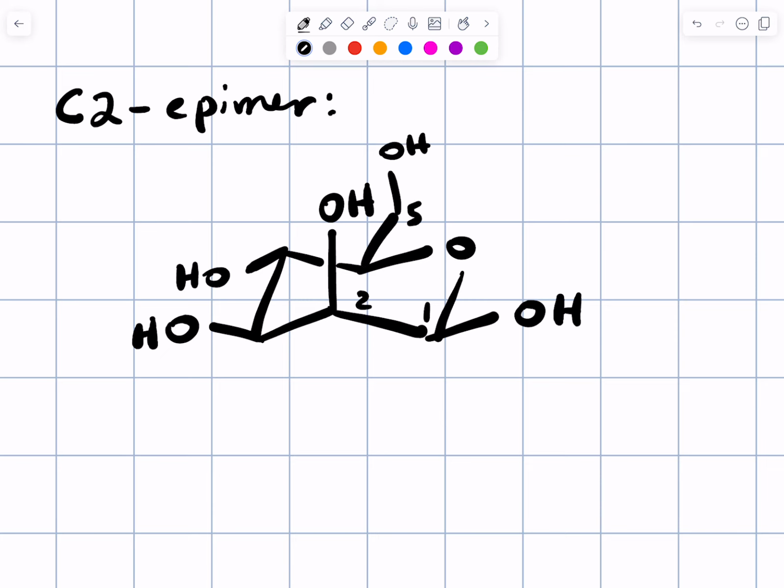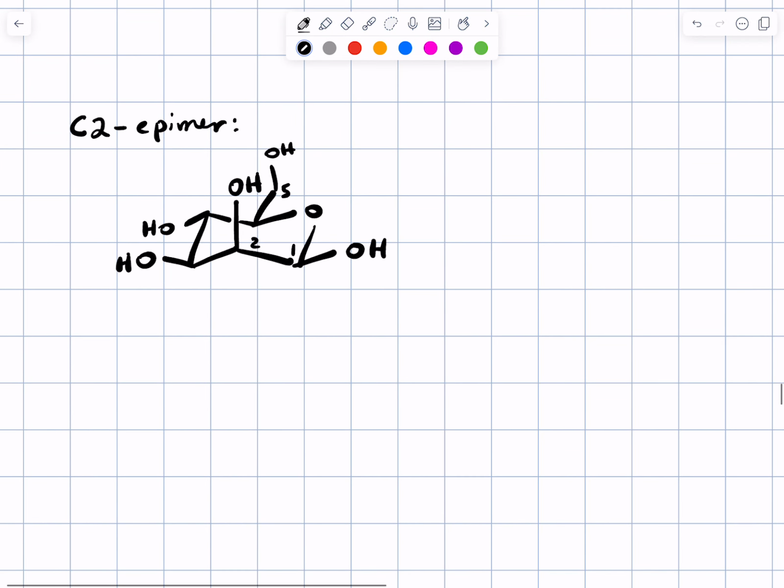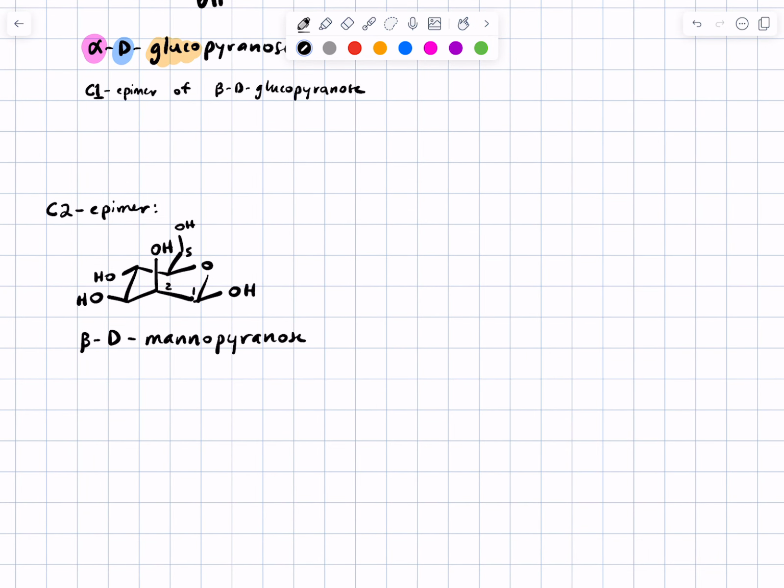Here's the hydroxymethyl group on carbon 5. This is called beta D mannopyranose. In its open chain form, which I'm not going to draw, but which you could, it would be called D-mannose. So you may have heard of mannose before. This is a sugar that's used a lot in biology.